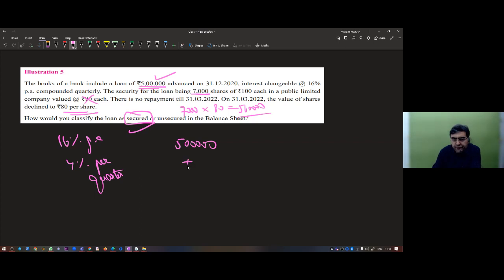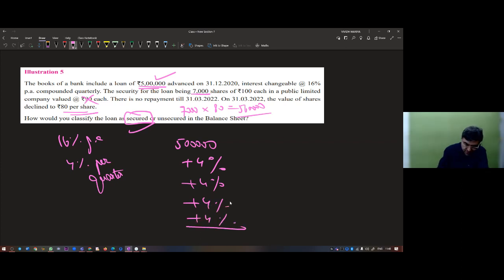So add 4%, add another 4%. They never add 16% straight. Not the simple method of interest, the compound method of interest. Don't add 16% directly. 5 lakhs plus 4% plus 4% plus 4% plus 4%.